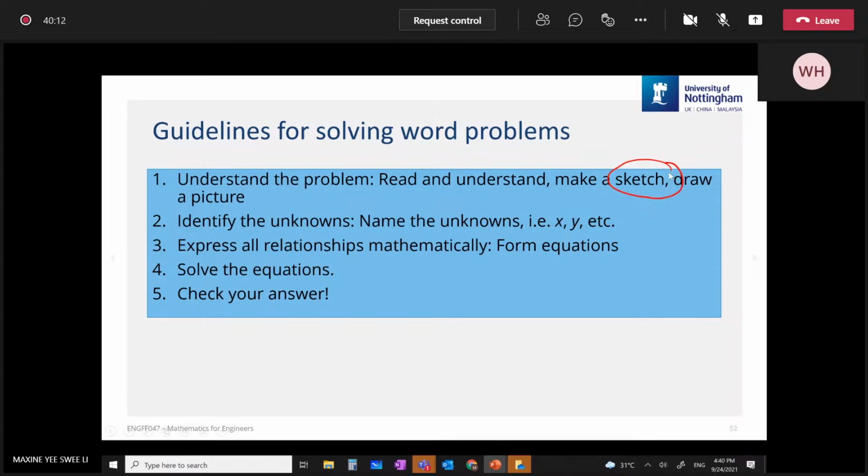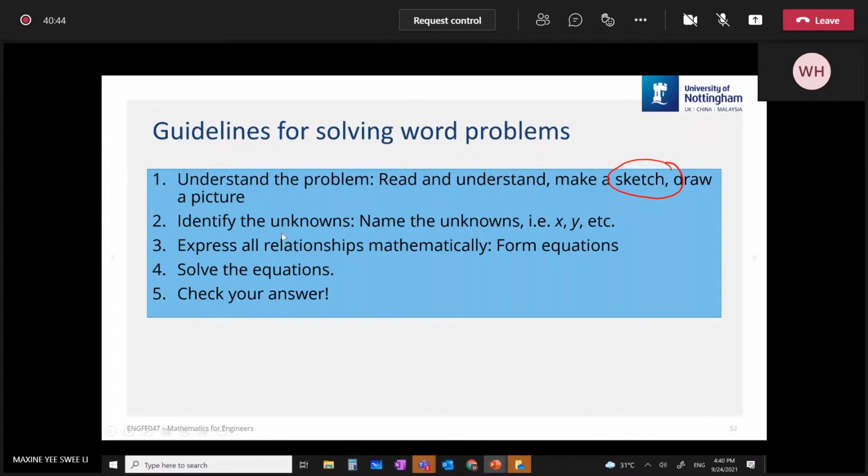This could be necessary in order for you to write out the mathematical statement from your sketch. The next guideline would be identifying the unknown in the problem. You can use some symbols to represent these unknowns. So when you are solving word problems, you need to write out what x represents, what y represents.